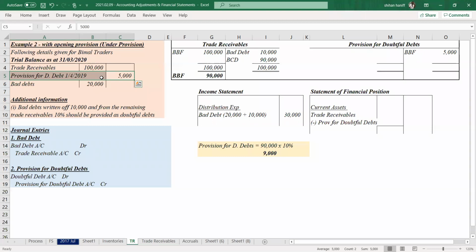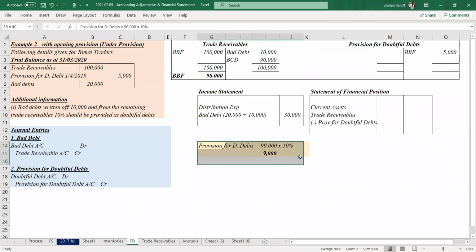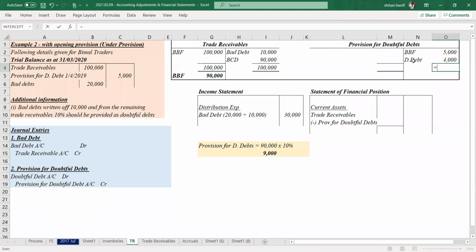I have mistakenly taken 50,000. That should be 5,000. Please make that change. So now the provision is 9,000. Already 5,000 is there in the opening balance. Therefore, income statement for doubtful debt is only 4,000. So 4,000 is the under provision.